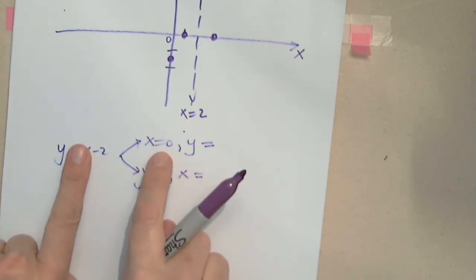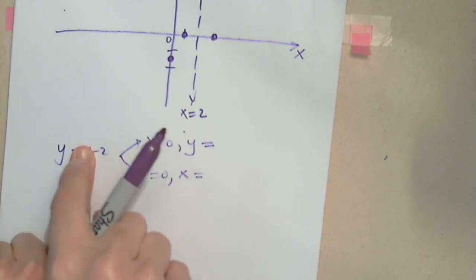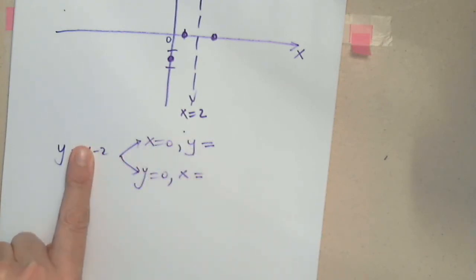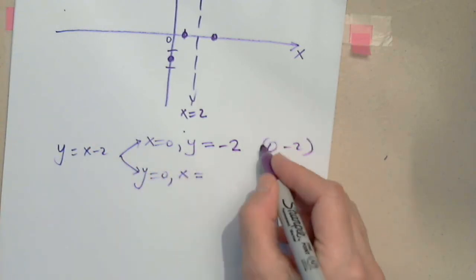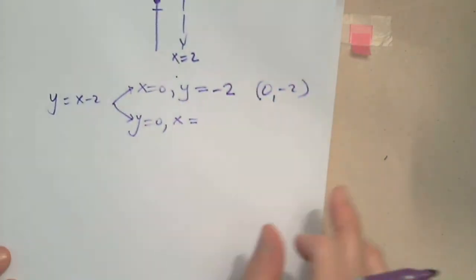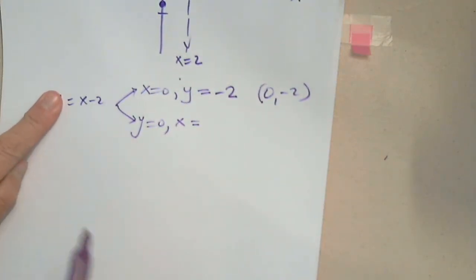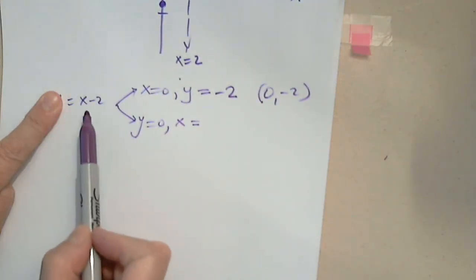When x is 0, I cover it. How much is y? Negative 2. Thank you. So 0, negative 2 is 1 point. In the next one, I cover y, and I have to bring negative 2 to the other side.